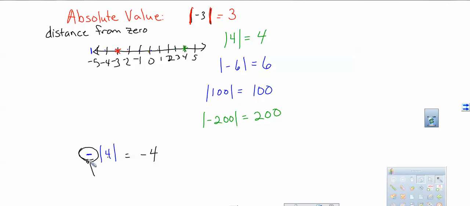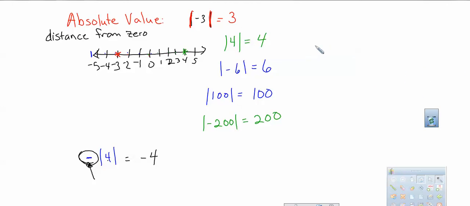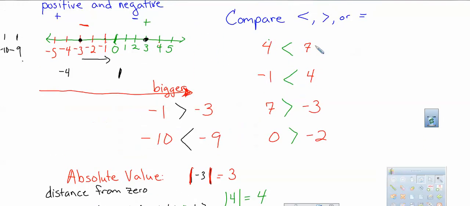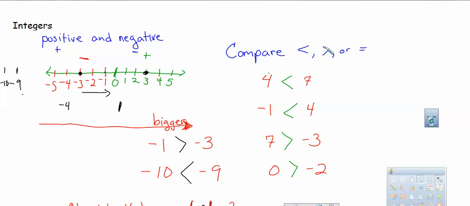It gets to keep the negative because it's outside. So we're going to try problems today with integers and absolute value, and with less than, greater than, or equal.